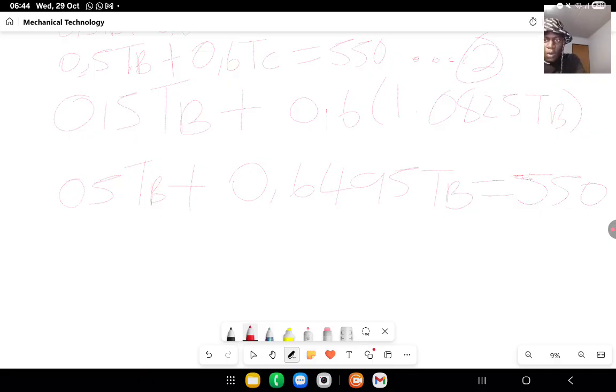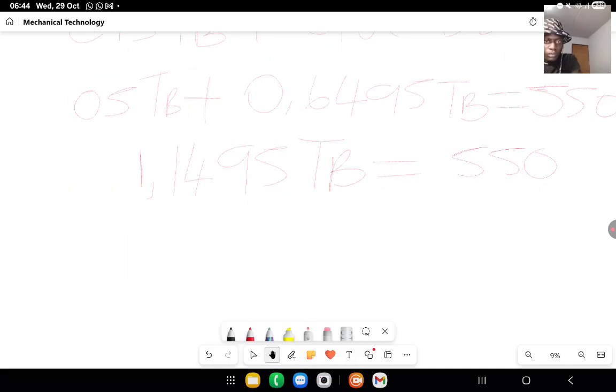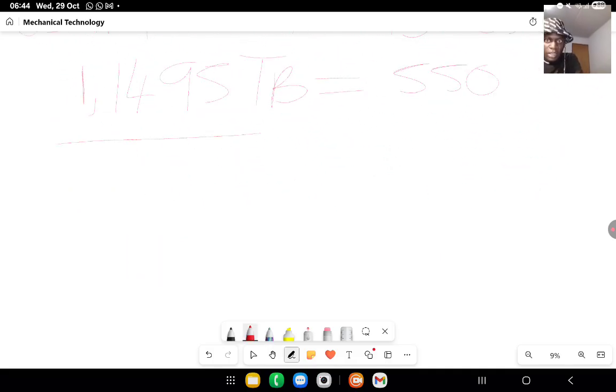It's going to be 1.1495 TB is equal to 550. Therefore, we divide by 1.1495.